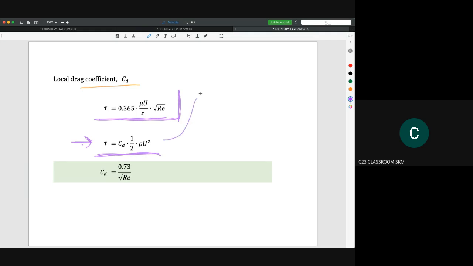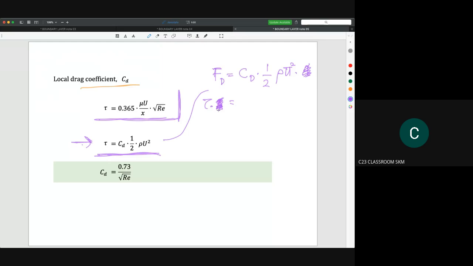This actually comes from the basic idea that the drag force is equal to C capital D times 1 over 2 rho U square times A. The relation between shear stress and force is tau times A, so we can cancel off the value of A here.